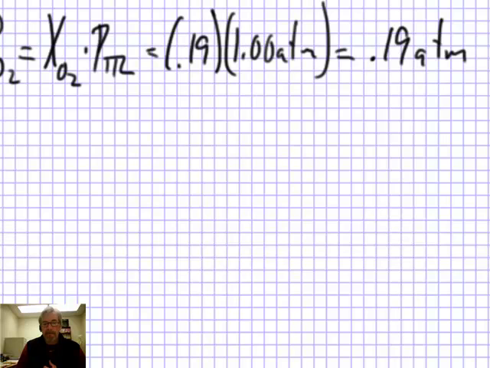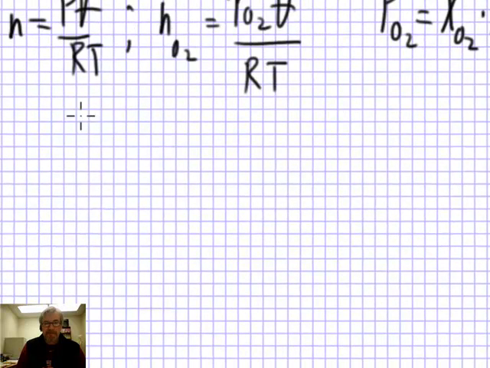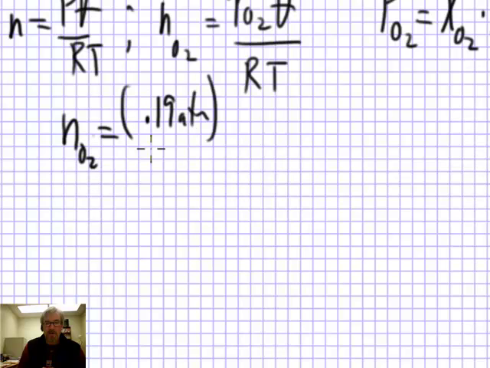So let's start calculating this. Number of moles of oxygen in here is going to be pressure of 0.19 atmospheres. The volume of our container was 618 cubic centimeters, but this has to be in liters here, so that means 0.618 liters.